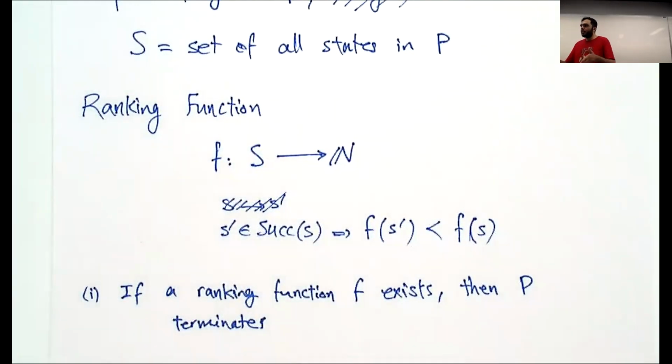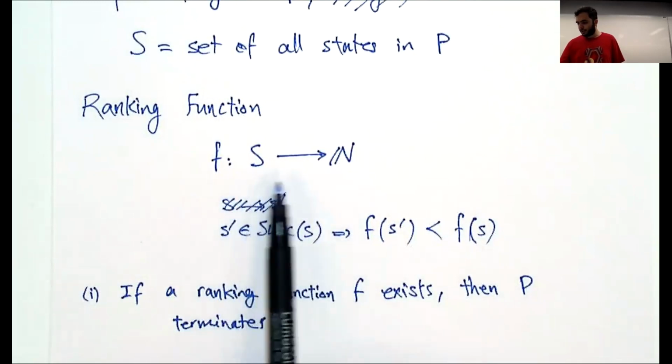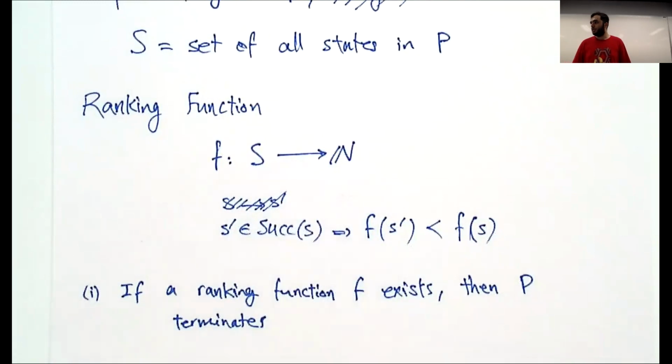So the value of f was a fixed natural number f of S0 at the beginning. And at every step, it's decreasing, and it cannot decrease forever because f maps states into natural numbers, and natural numbers are bounded from below. Because it cannot decrease forever, it has to end at some point, and that means that the program has to terminate.